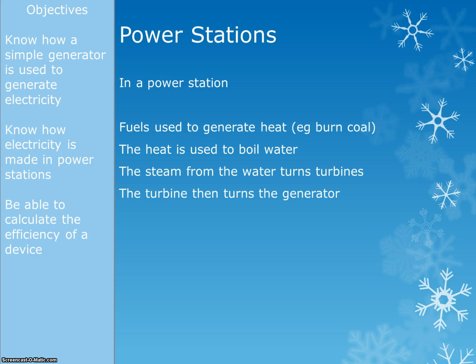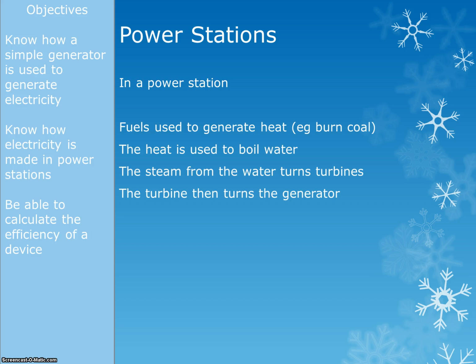The steam from the water rises and turns turbines, and the turbine then either turns the coil or the magnet inside our generator, which then makes our electricity. Now, when we're talking about power stations, we're kind of talking about magnets the size of double-decker buses, so much, much bigger scale. Now, this basic principle is the same whatever source of energy you're using.